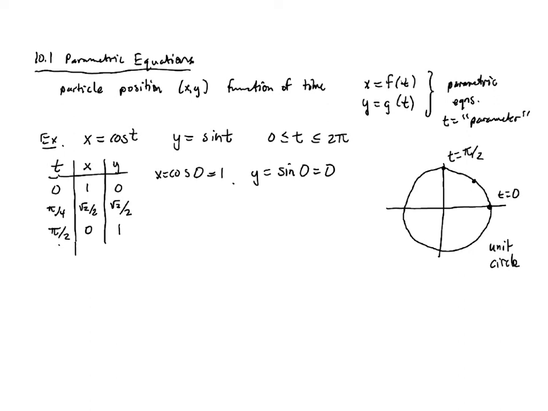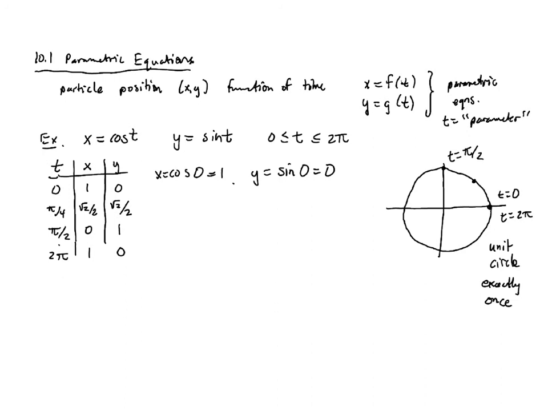When we end up with 2 pi, we get back to the point where we started. Because we understand the patterns of sine and cosine, we recognize that this traces out the unit circle exactly once.